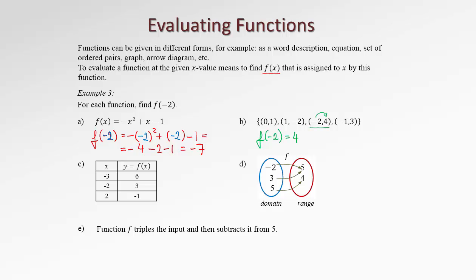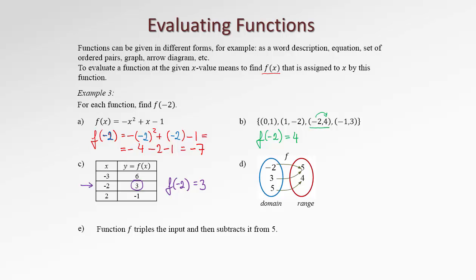In the next example, our function is given as a table of values. Again, the input is -2, therefore the output is 3. So we know that f of -2 is equal to 3. Function f maps the input -2 onto the output 3.